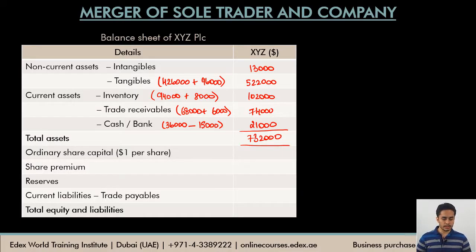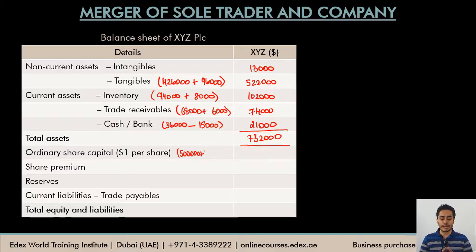Let's go on to the next part, which is the equity part and the liability part. So equity starts with the ordinary share capital. The existing ordinary share capital of XYZ PLC was 500,000 before the merger, and XYZ PLC issued 100,000 new shares to A. The point is, XYZ issued these shares at a premium, so the total value of the shares was 105,000.